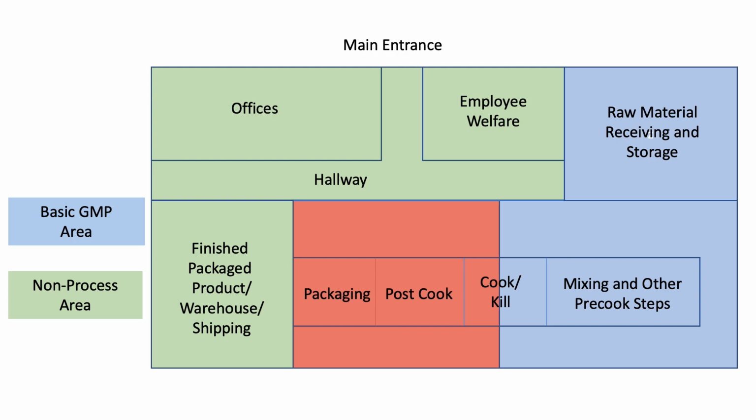In the simplified example here, the cook step has an entry point for raw material in one room on one side of the wall and an exit point for finished product on the other side of the cook step in a different room. The room where the cooked product is exposed up to and including packaging is the primary pathogen control area, shown in red.